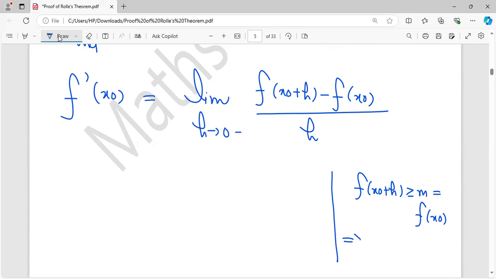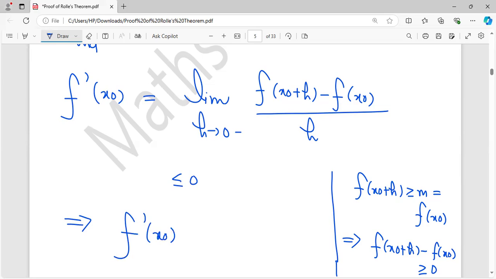So this implies f(x naught plus h) minus f(x naught) is greater than or equal to 0. But h is negative. This part is non-negative and this part is negative, so the resultant will be negative, non-positive. So this is less than or equal to 0.